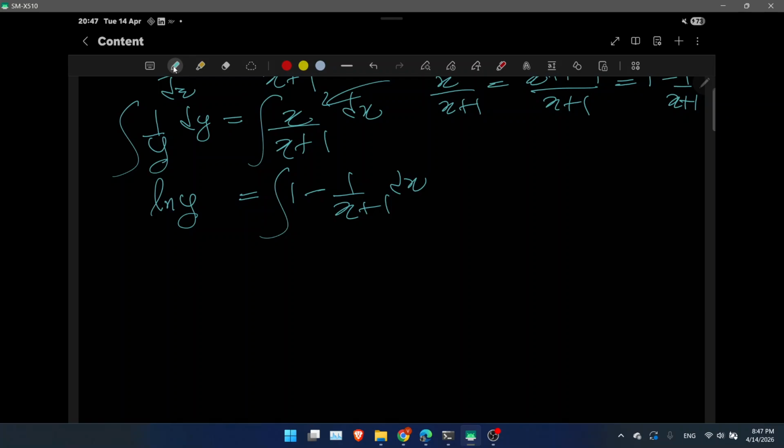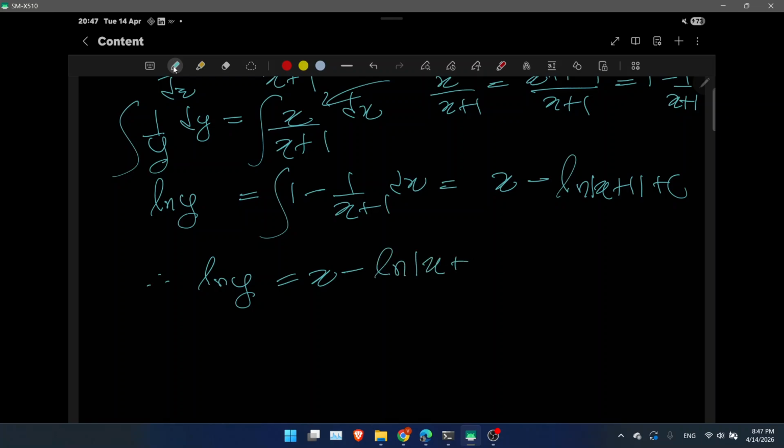If you integrate it, it is equal to x minus ln of x plus 1, plus c. So the final answer would be ln y is equal to x minus ln of x plus 1 plus c. So this is the solution. I hope you know the basic integrals.